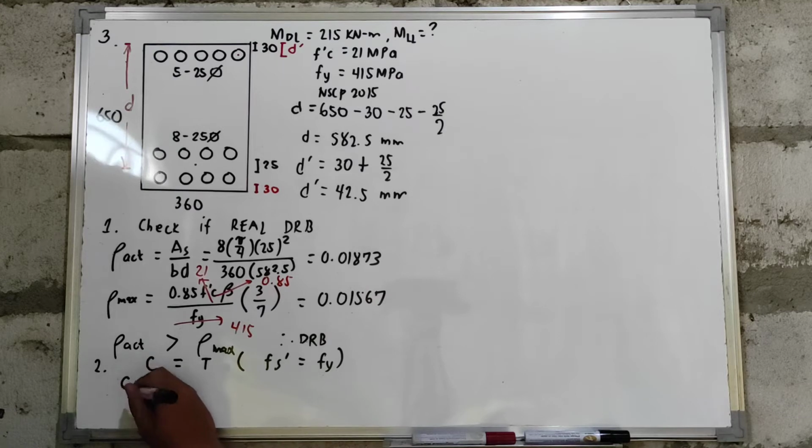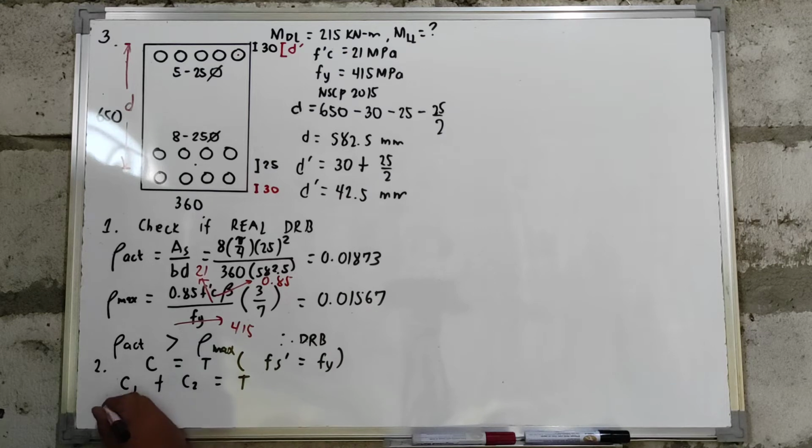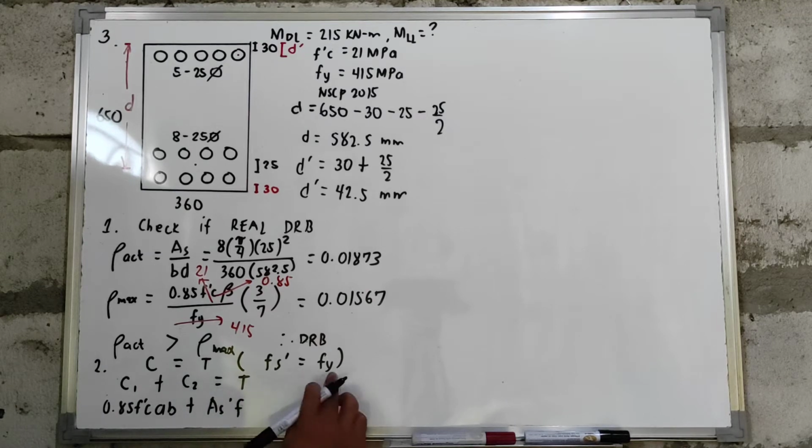So, yung C1 natin, that is caused by the compression block natin, plus yung C sub 2 naman, that is yung bakal natin sa compression side equals T. So, assuming na nag-yield yung bakal natin sa compression bars, you have C1 is 0.85 f'c ab plus yung C2 natin that is As prime Fs prime natin magiging Fy is equals to As.